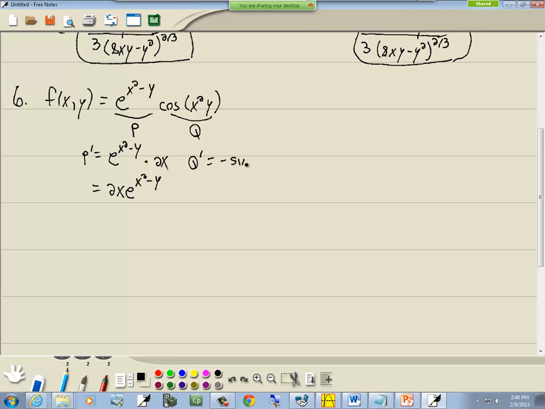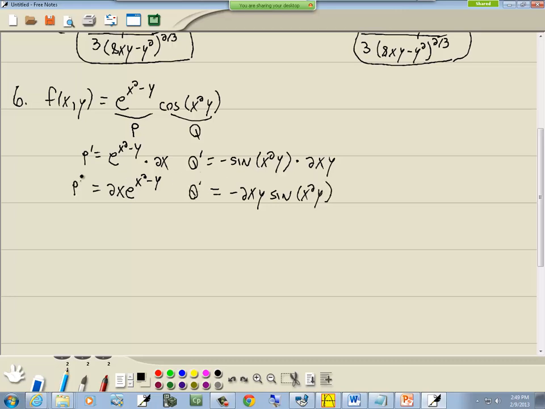So this will be negative sine x squared y times, and this is chain rule, since we've got more than a single variable in here, we have to multiply it times the derivative of that with respect to x. Well, that with respect to x would be 2xy, which gives us negative 2xy sine x squared y.